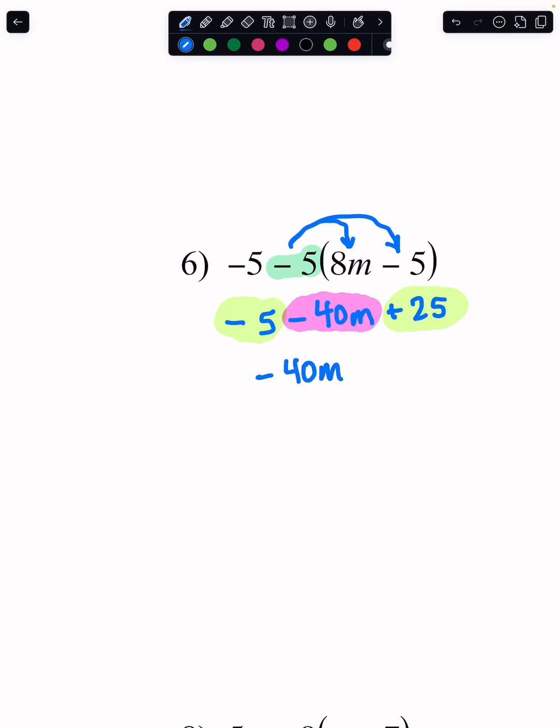And then negative 5 plus 25 is a positive 20. And this negative 40m came from the pink right above. And then that 20 came from the combination of negative 5 and positive 25.